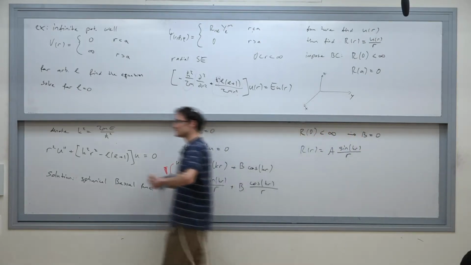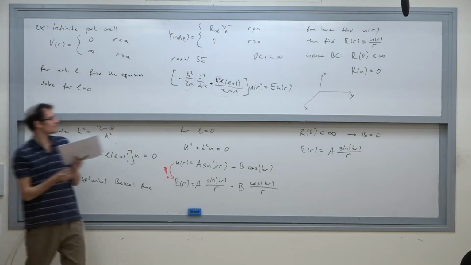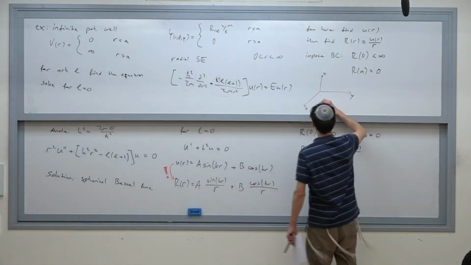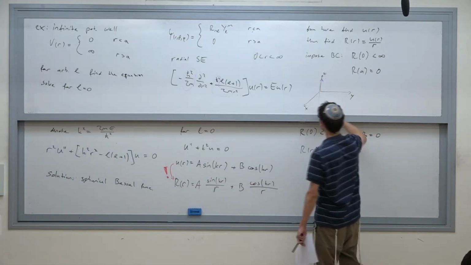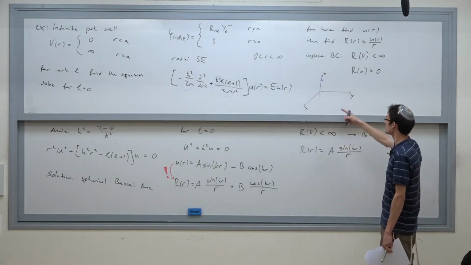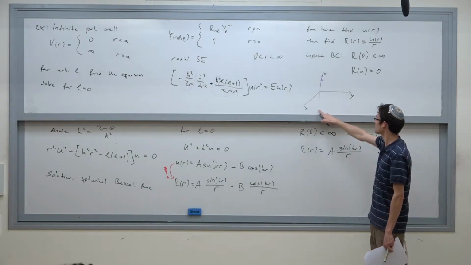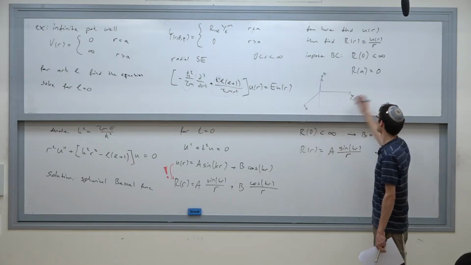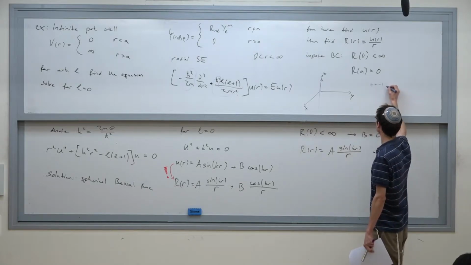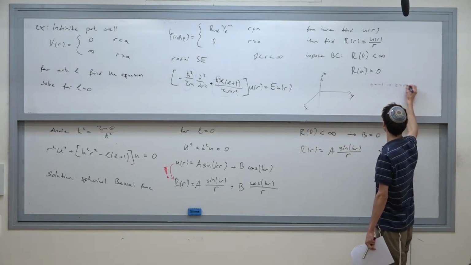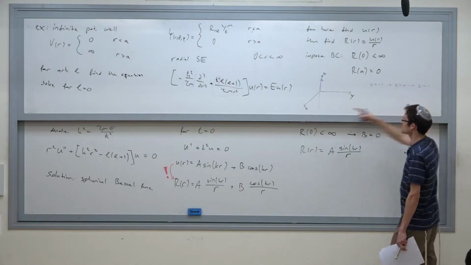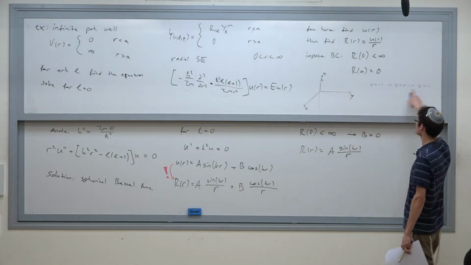It's an important point. You need to understand radial coordinates. If I were doing this on the z-axis in Cartesian coordinates, I'm going from z equals minus 1 to z equals 0, and then to z equals 1. So I go from minus 1 to 0 to plus 1.